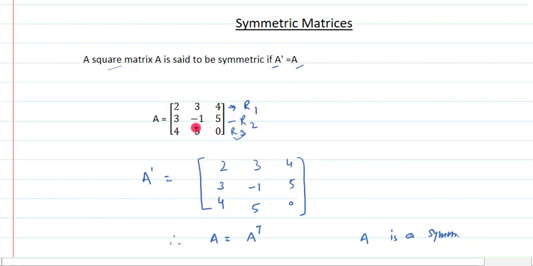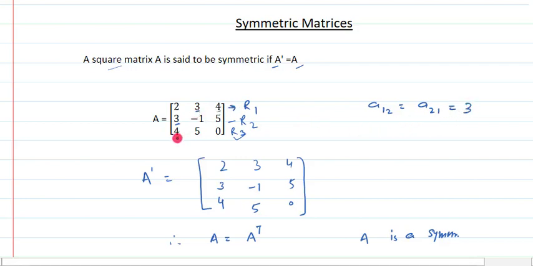So you should observe one thing over here. Here element A12 is equal to element A21. A12 element as well as A21 element, both are 3 I have taken here.